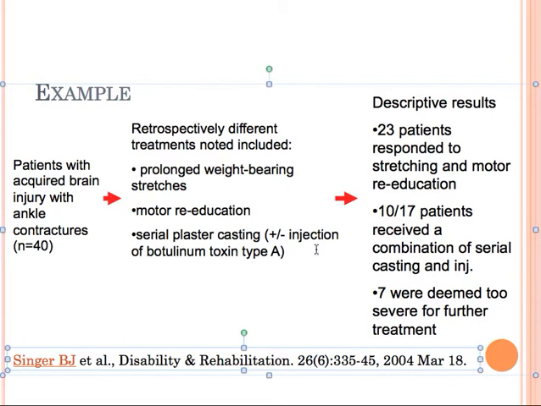So in everyday practice, the actual outcomes may downgrade a little bit because of lack of expertise or difficulty applying those techniques in a practical clinic setting. And so an outcome study is seen as a way of validating outcomes from higher level studies or just describing the current state of care.